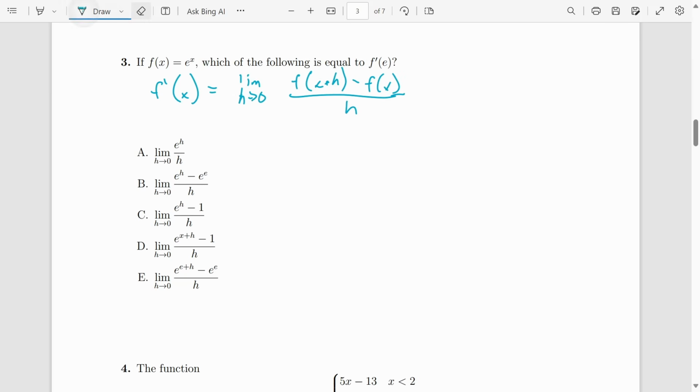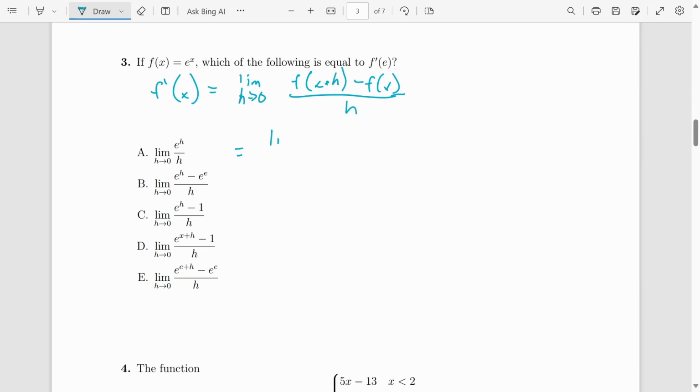So it's just a matter of plugging in e to the x for f of x, and then all those values in there we substitute as well. And it doesn't even look like we have to simplify it. We just plug in the values, and then that'll be our answer. So that's cool. Probably won't be too much work.